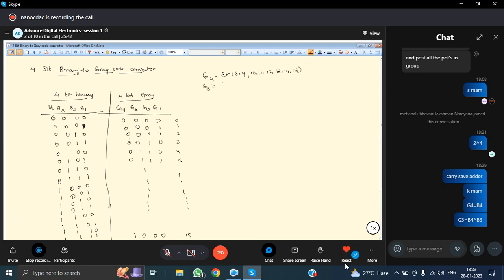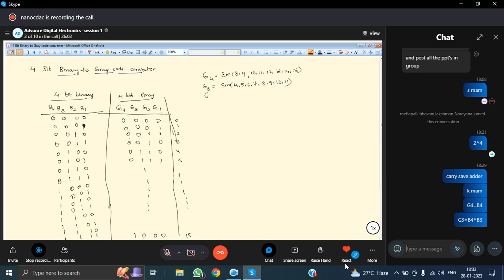G3, if you are taking the min terms, sigma m is equal to 4, 5, 6, 7, 8, 9, 10, 11. From this table I am taking the min terms directly.